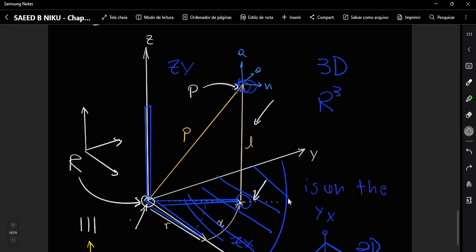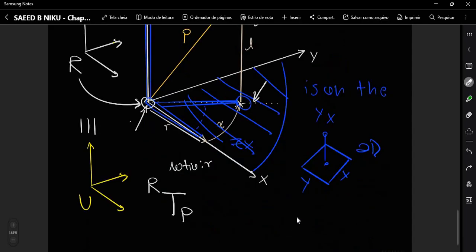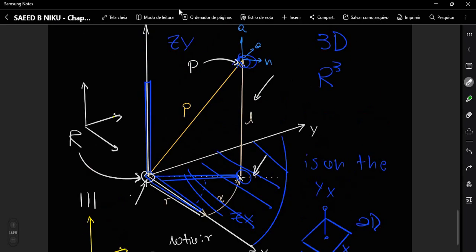Let's look only at the end effector, which is the point of the vector, and as I said, it is outside of these planes.